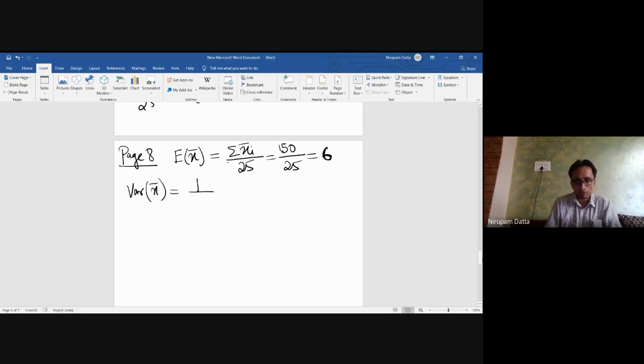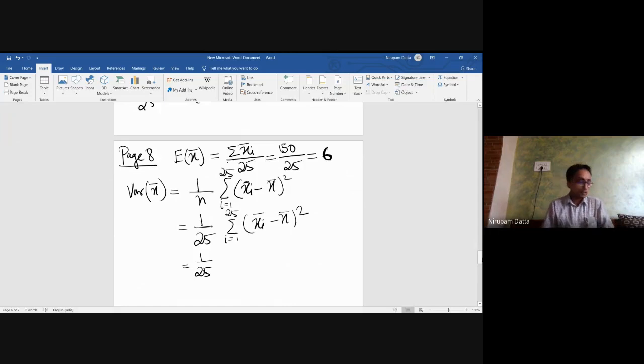So same formula, that is 1 by n summation of xi bar minus x bar square, from 1 to 25. So this is 1 by 25 times the summation of xi bar minus x bar square, 1 to 25. Again, I'm shortening it and not getting into the details.